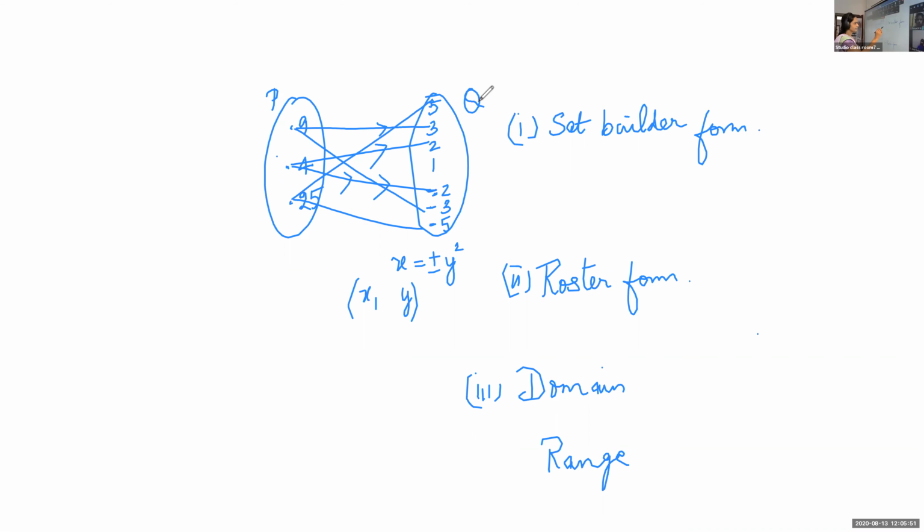Punya? Is it y square? Plus or minus y square? Is this the form you are saying here, Aishwarya? x is y square, or here you have to put the brackets.